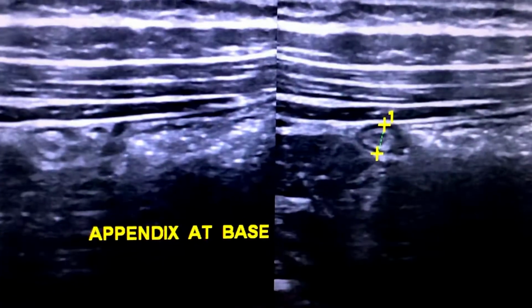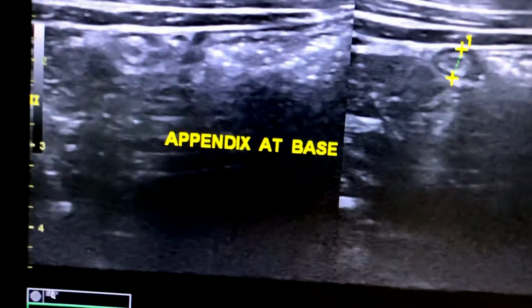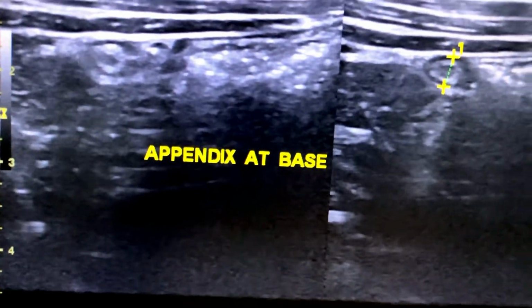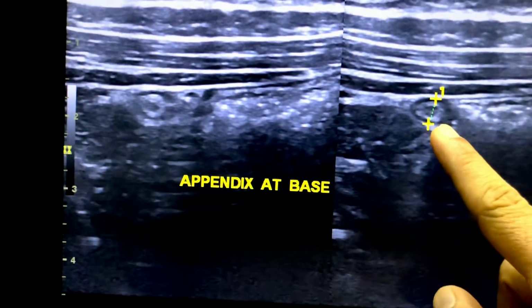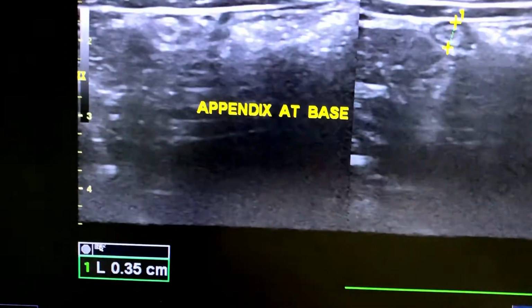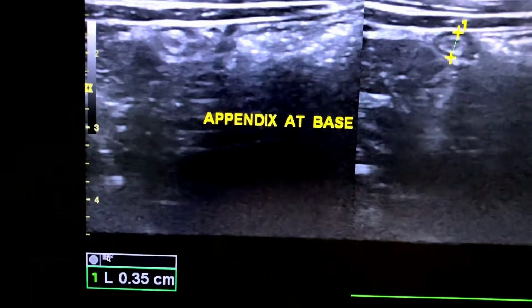Yes, here. This is the base of the appendix. It was normal, 3.5 mm.